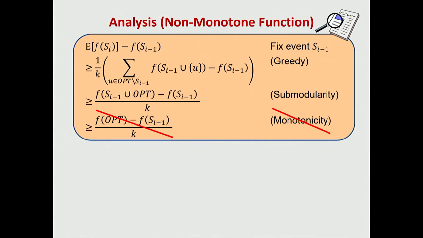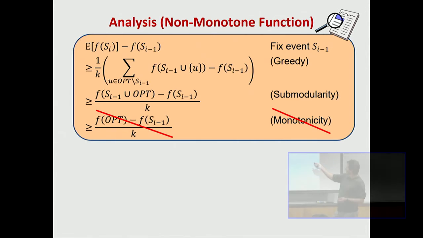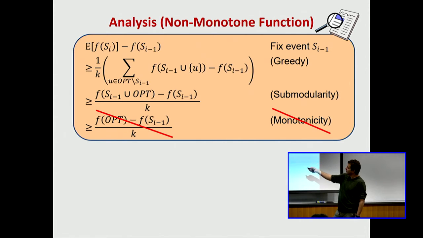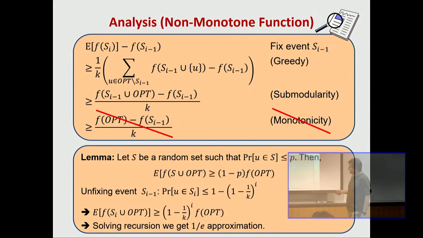For non-monotone functions, what goes wrong? Here is where I used monotonicity. Chocolate cake can hurt opt, so this inequality is not correct. But what is good about this randomness?